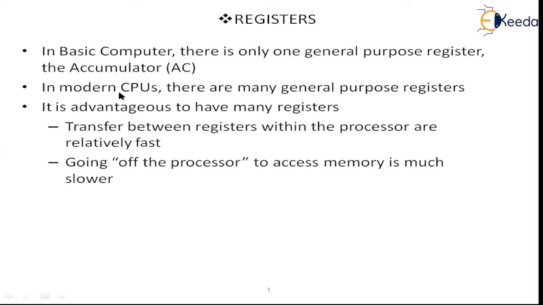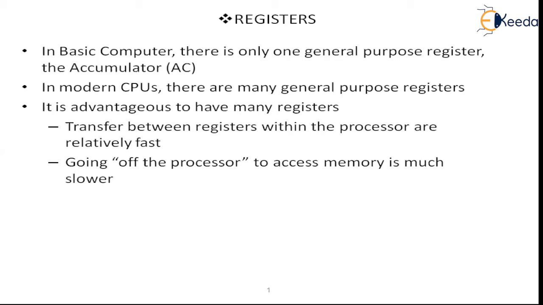But in modern CPUs, such as the CPUs we are using currently, that is the CPUs of all the Intel Pentium 32 series and 64 series. For example, Intel Pentium series are 32-bit, and Intel i series are 64-bit.